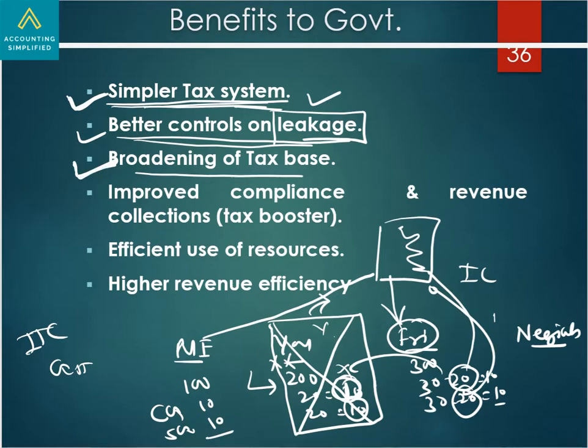It means that there are a number of particulars on which earlier sales tax and value added tax were not clear. Now it is very clear, and that kind of commodity is being charged and comes under the GST. So the tax base has become broad. Next, improved compliance and revenue collection, that is tax booster. So improved compliance.